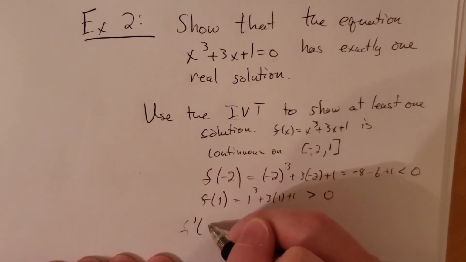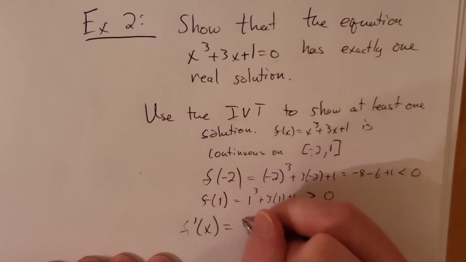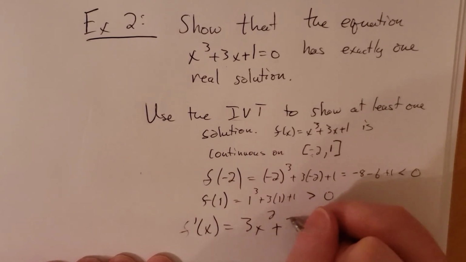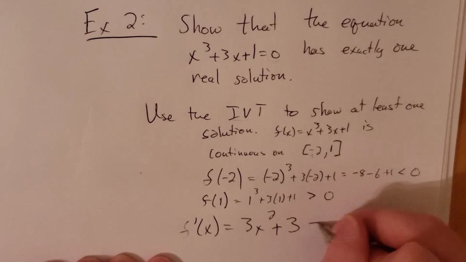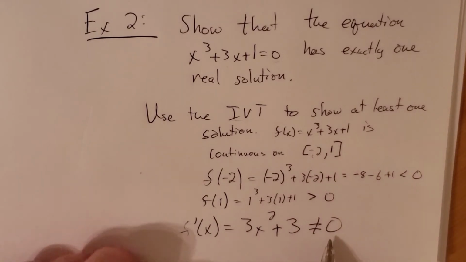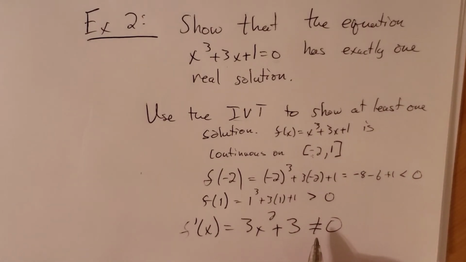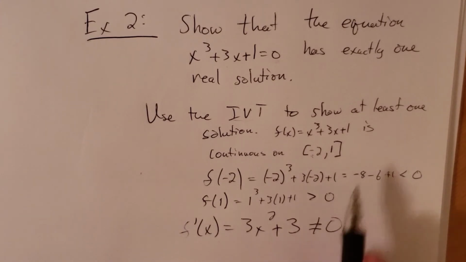If we take the derivative of this function, we get 3x squared plus 3. This function right here is never 0. So we could never have a point where the derivative is 0. That right there tells us that we must have made a wrong assumption when we assumed there was a second real solution to this function.